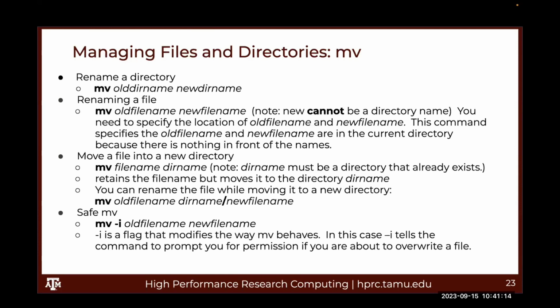It's really easy on the command line to wipe out files by moving a new empty file onto a file that already exists, and it'll just replace everything there, and you won't be able to get it back, right? So that -i is a nice flag to ensure that you're not overwriting something.